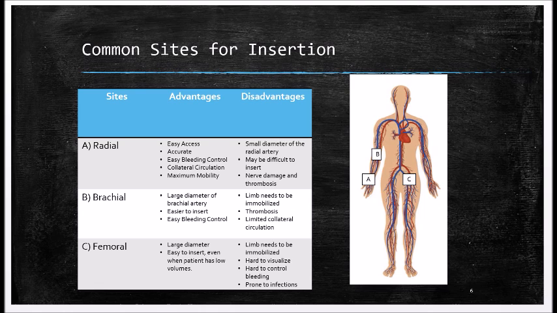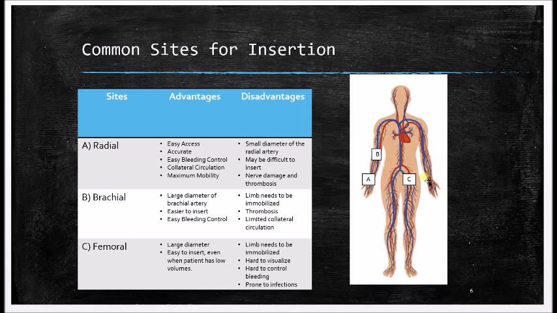Some of the disadvantages of the brachial are that the limb might need to be immobilized, because the arterial line becomes quite close to the body, since it's quite up in the arm. There's a higher risk for thrombosis, and there's limited collateral circulation. In the radial, at least, there's the ulnar artery that is providing the collateral circulation. In the brachial, it's a little more limited in that sense.